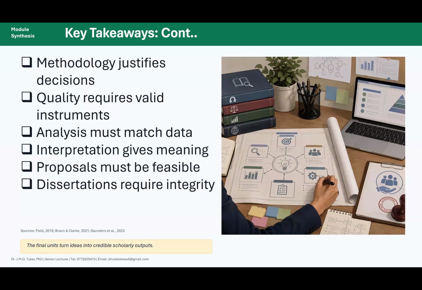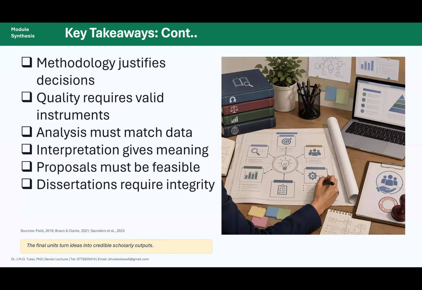Okay, colleagues, this is key and very important. The major lessons I want us to know are that quality must be protected at every stage. Validity cannot be added after data collection.